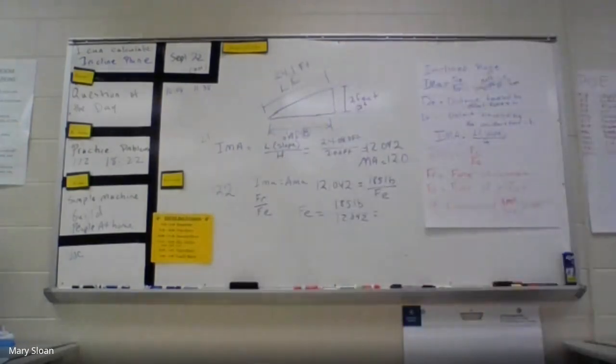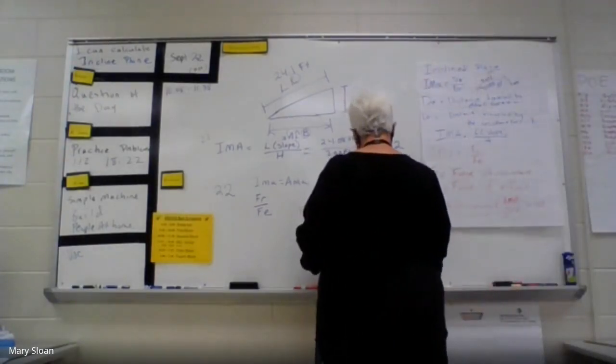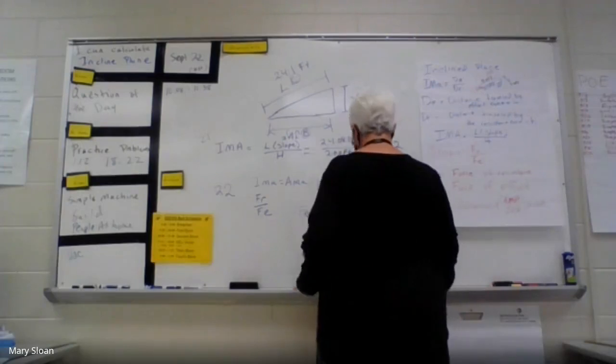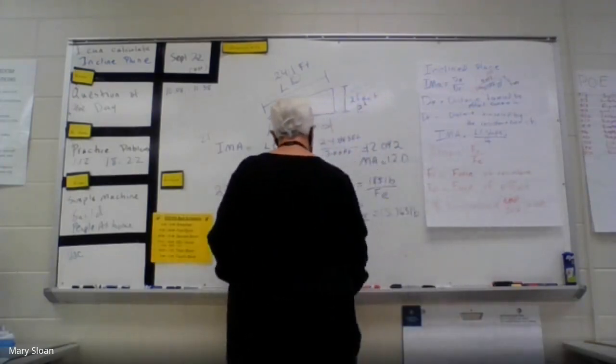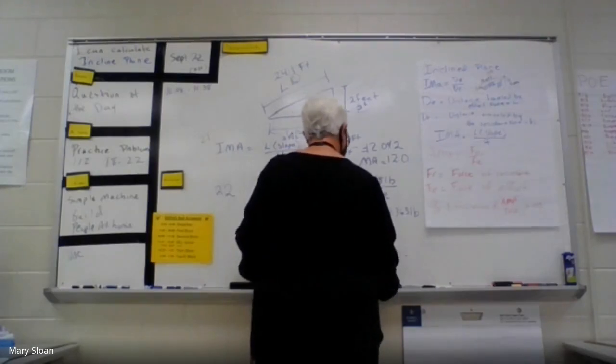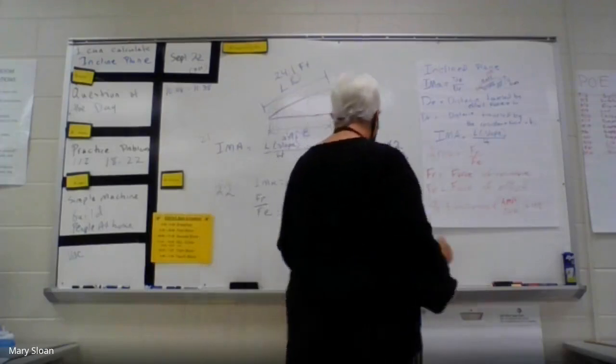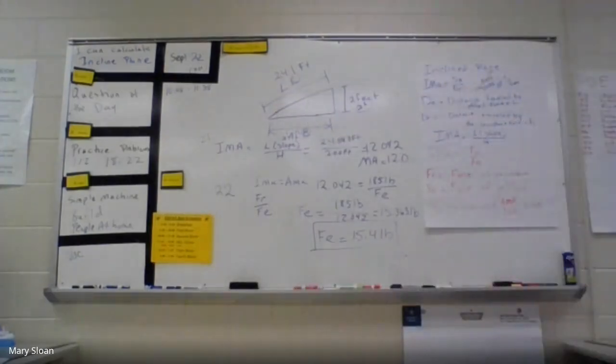So put it in your calculator. And what is our FE? 15.3634. Perfect, Kate. Thank you very much. 15.363 pounds. And so our FE answer is 15.4 pounds, our final answer, based on rounding sig figs. Yes.